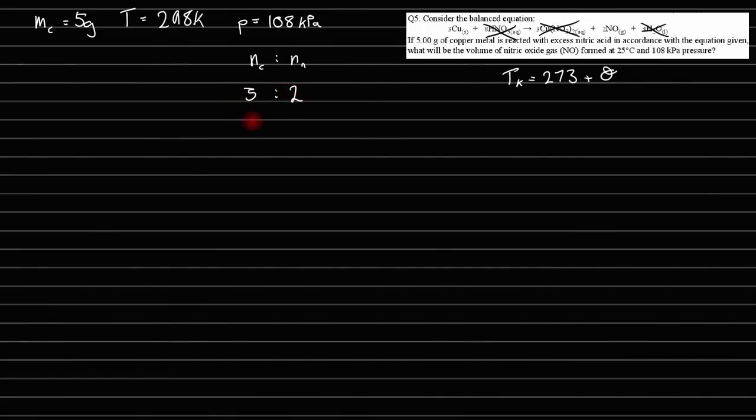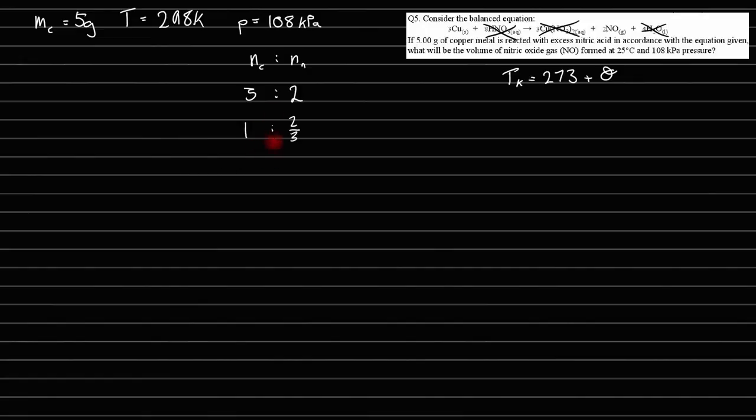If we divide both sides by 3, we can then have 1 to 2 over 3. 1 because theoretically we can then calculate the number of moles of copper, and if we know how much 1 mole of copper is, we know how many moles of NO we will have.